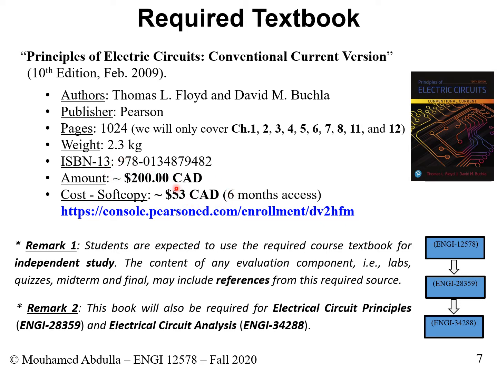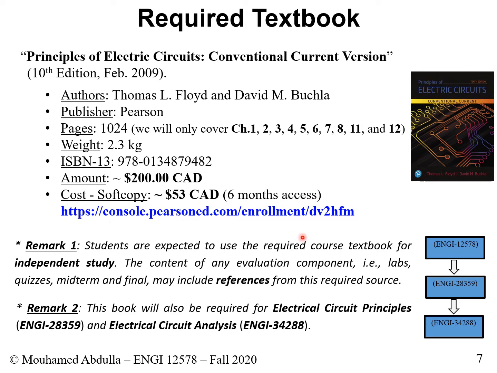You could also get a soft copy of this book. It costs about 53 Canadian dollars. To get the soft copy, this is the website you could go to. It's, if you will, select chapters of the book that you will have with this package, and it's only available for 6 months.